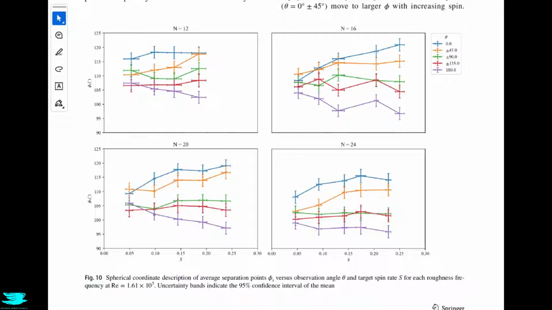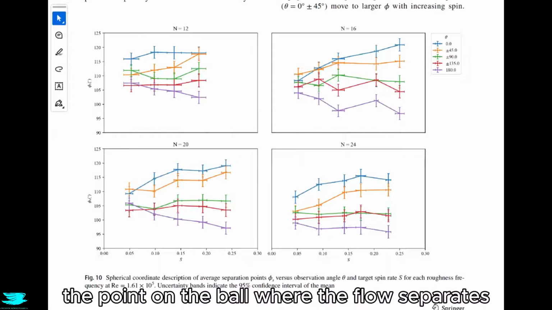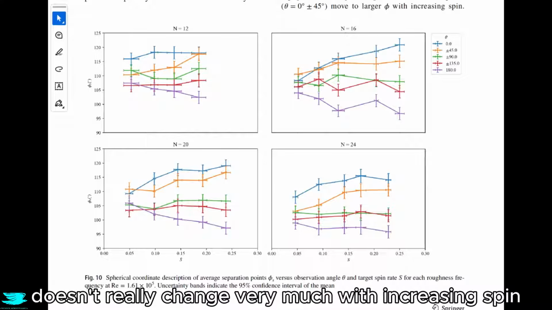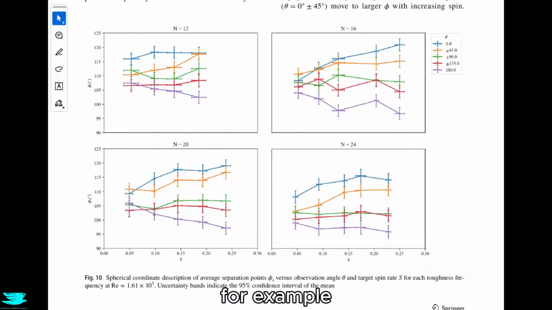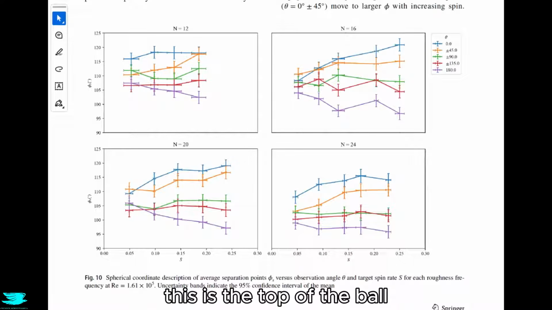Another thing that stands out to me is that when there is only a little bit of surface roughness, so the top left plot, the point on the ball where the flow separates doesn't really change very much with increasing spin, relatively speaking. For example, let's take 180 degrees, which is the purple line. This is the top of the ball.